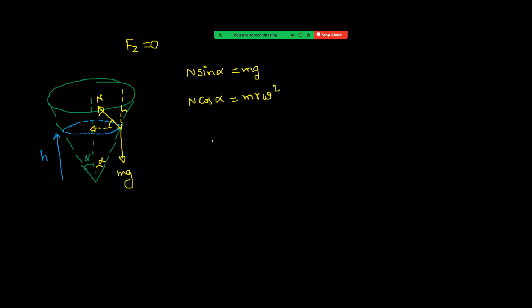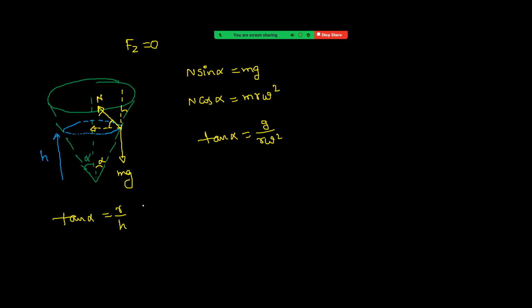Now take the ratio. Tan alpha is equal to, mass gets cancelled, g by r omega square. If you want to find the time period in terms of given values like h, then from the diagram, tan alpha equals opposite side, radius, by adjacent side, which is h.